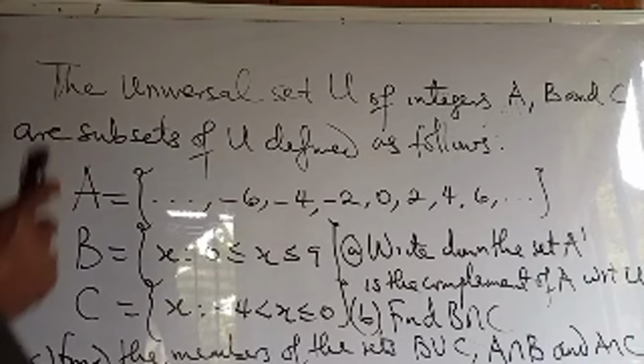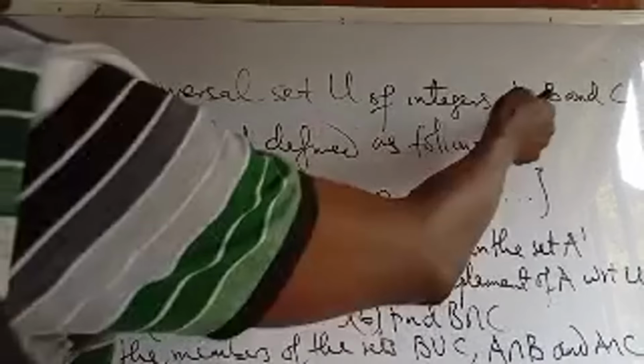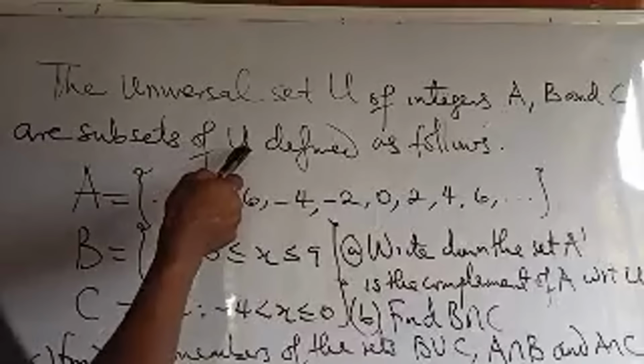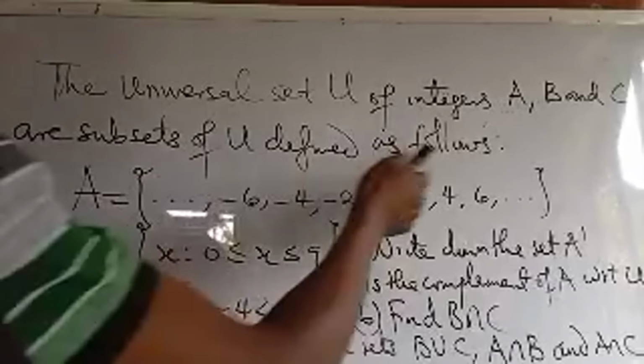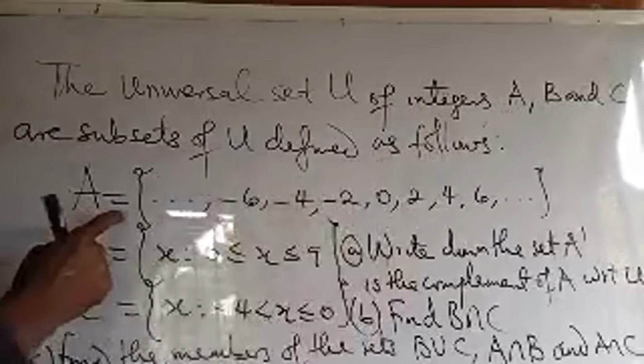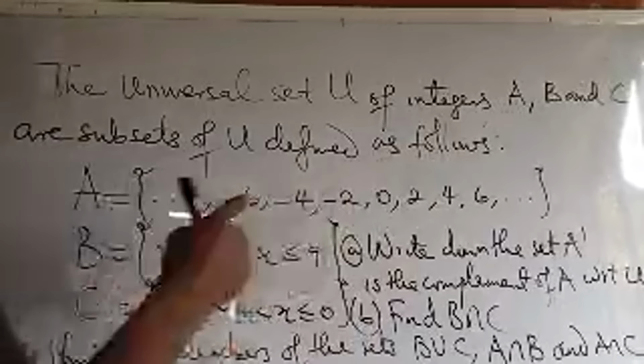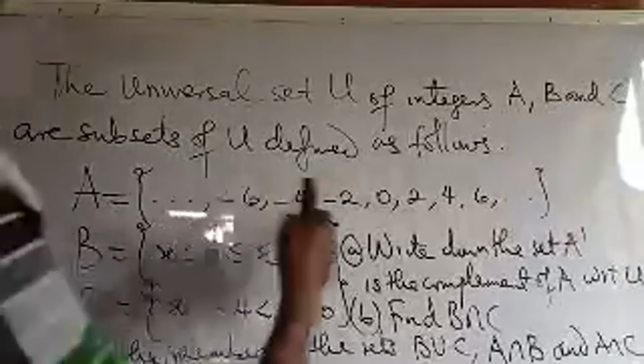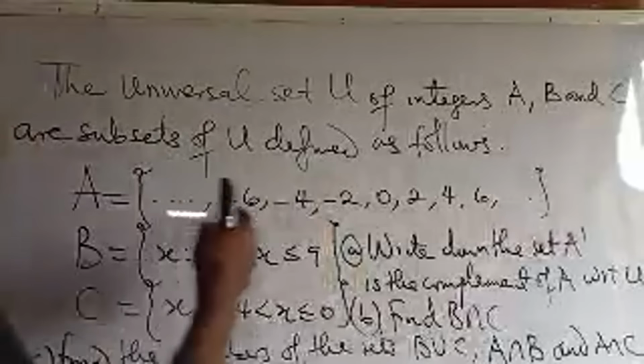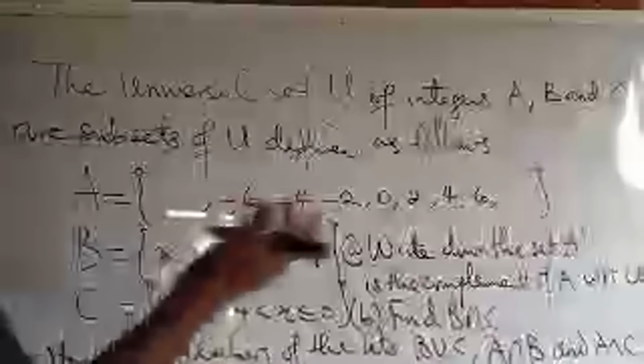Now, the universal set U of integers. A, B, and C are subsets of the universal set U, defined as follows. If you look at A, you see that A is defined with a property. The property of set A is that they are all even numbers. They are divisible by 2.